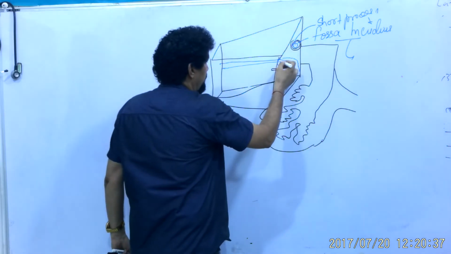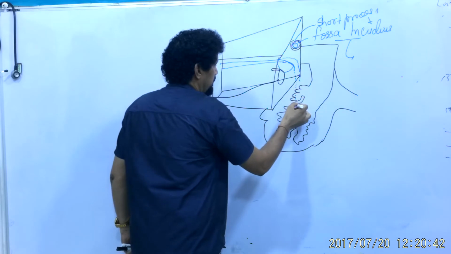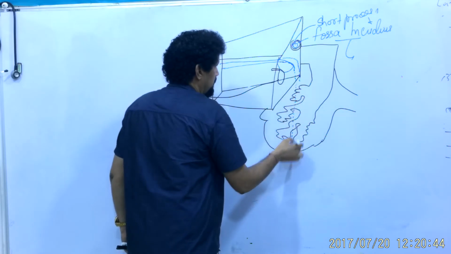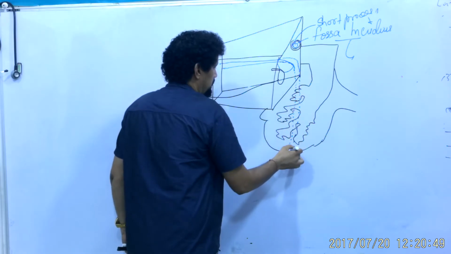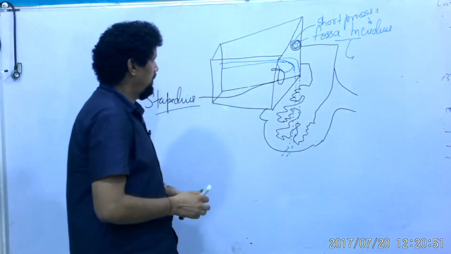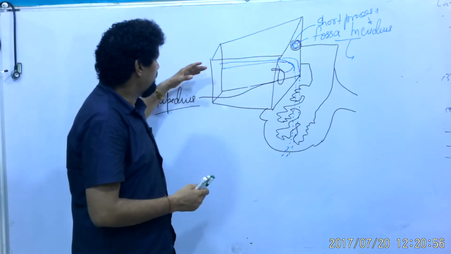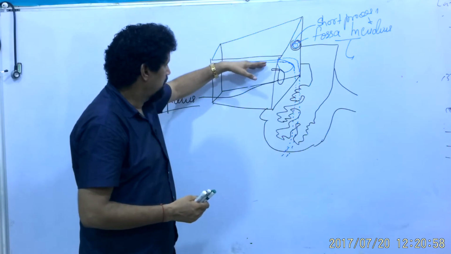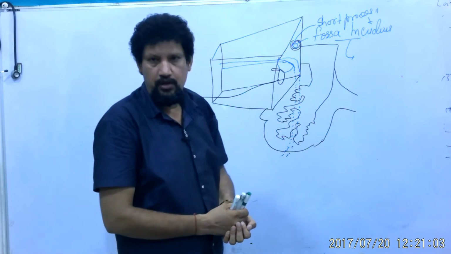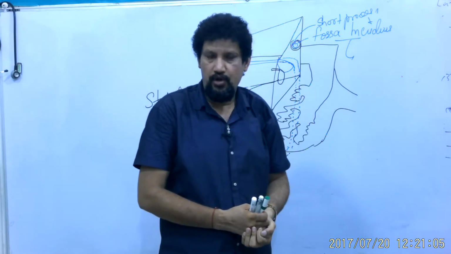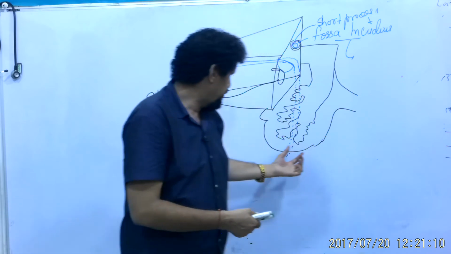So this part of the pyramid is related to the facial canal, and finally the facial nerve, after running backward and finally downwards in the posterior wall or the mastoid wall, leaves the skull through the stylomastoid foramen.